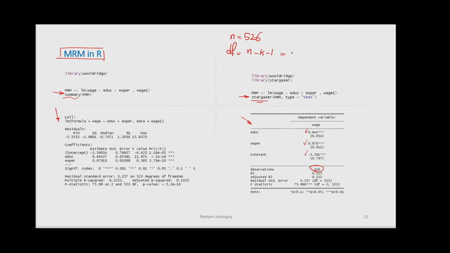So n is 526. What is k here? How many explanatory variables do I have? Don't get confused here. k is the number of explanatory variables, not counting the intercept. So k is equal to 2. So it's 526 minus 2 minus 1. What do we get? 523. Do I see this somewhere? Yes, this is our 523, the degrees of freedom of the model.